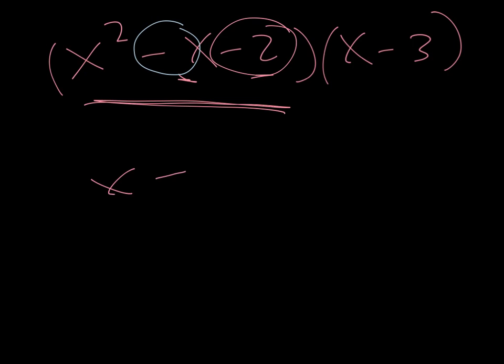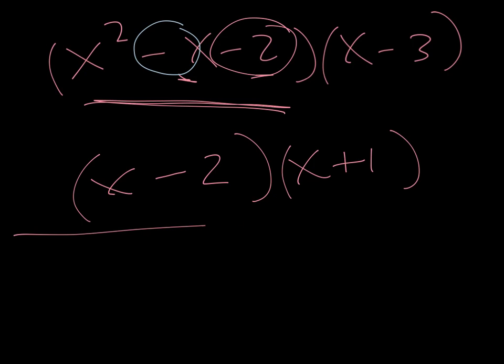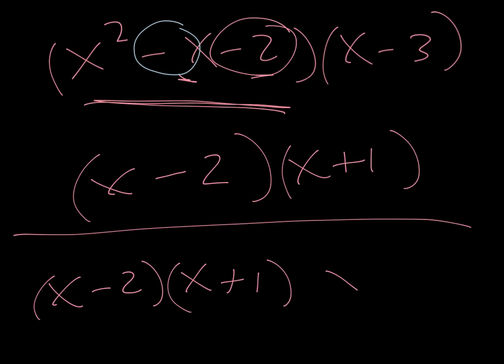So we have x minus 2 times x plus 1. So my final answer should be x minus 2 times x plus 1 times x minus 3. So we have completely factored the polynomial.